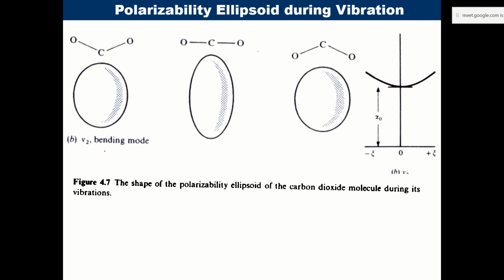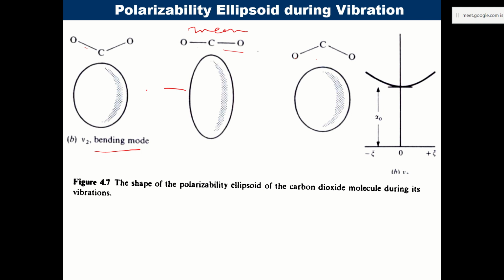Then you also have the bending mode. Now you can understand by looking at the picture. If you are drawing the ellipsoid, see very carefully. This is the mean position. Always draw the mean position, the original ellipsoid. On the left hand side is one extreme position, where the bonds are moving upwards. The other one is where the bonds are moving downwards, and the bond angle is changing.